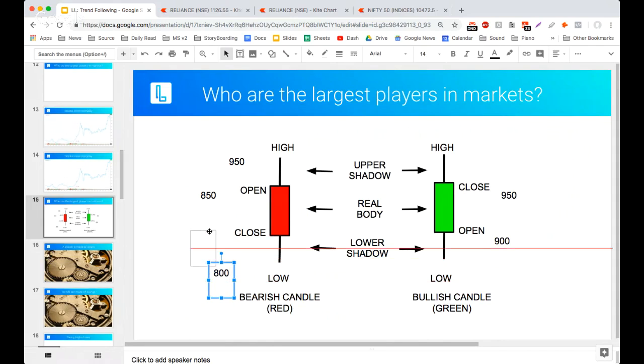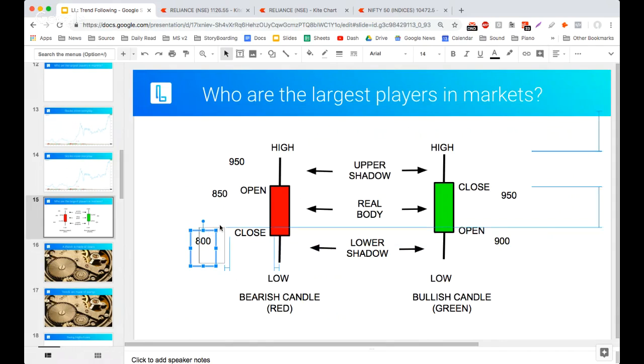Let's say the market opened at 850 rupees. That's right here. Okay. And then it closed at 800. Now from 850 to 800, don't you think the market fell during the day? The market opened at 850 and closed at 800, meaning the market fell that day, right? The price has gone from 850 to 800.